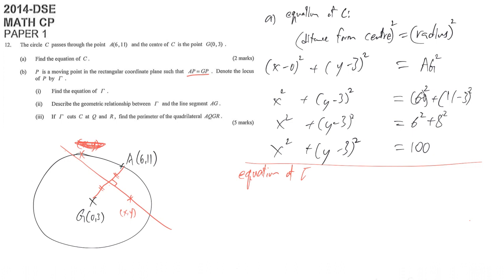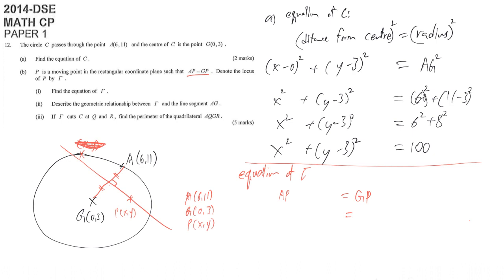We are talking about this line only. And then the requirement is AP equal to GP. And beware that A is (6, 11), G is (0, 3), P is (x, y), the general point.